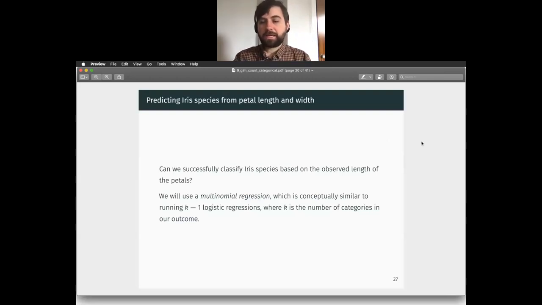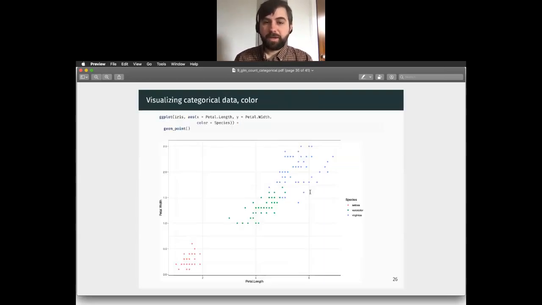So what we're going to ask implicitly is, if we know petal width, what's the probability that a species is setosa rather than virginica? And if we know petal width, what's the probability that a species is versicolor rather than virginica, right? Where the probability that the species is virginica is 1 minus the probability that it's either setosa or versicolor.